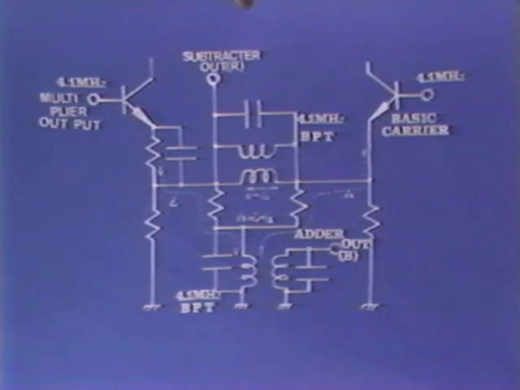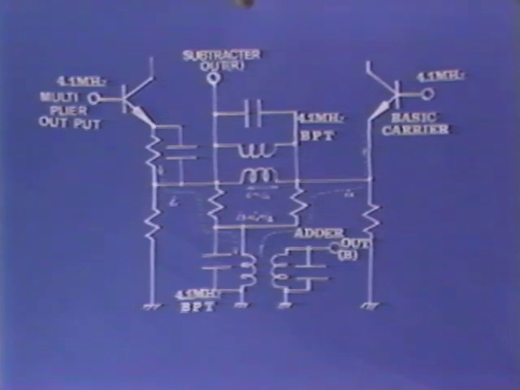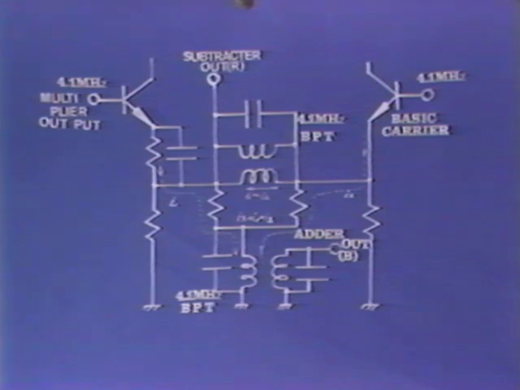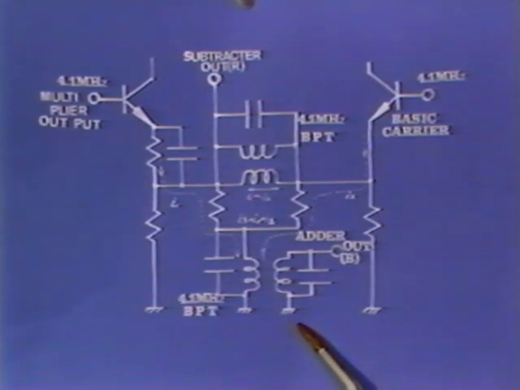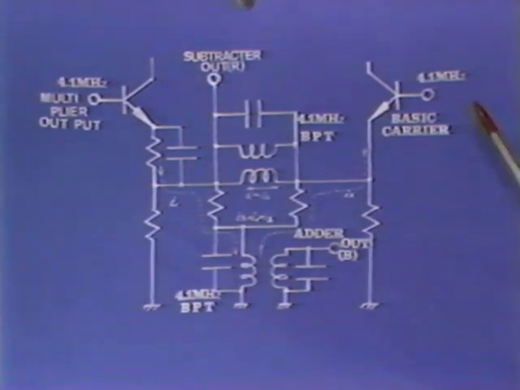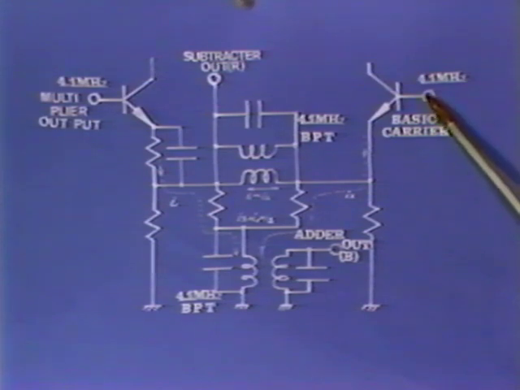Let's look at the adder and subtractor of the R and B separator. The added circuit looks like this. The original fundamental is given to the X238 base, and the new frequency converted 4.1 MHz to the X230 base.